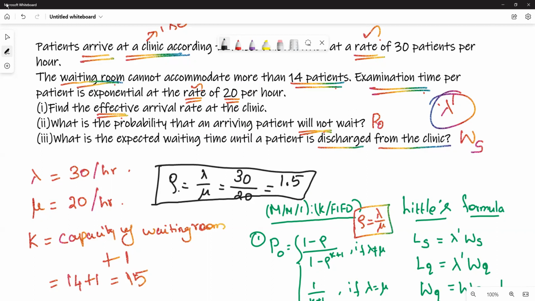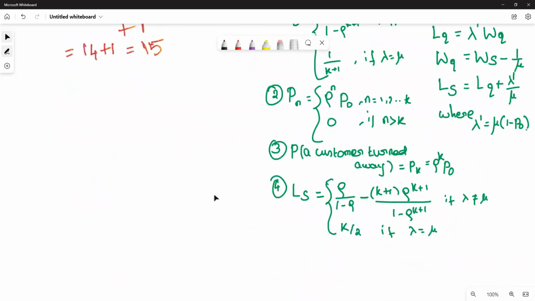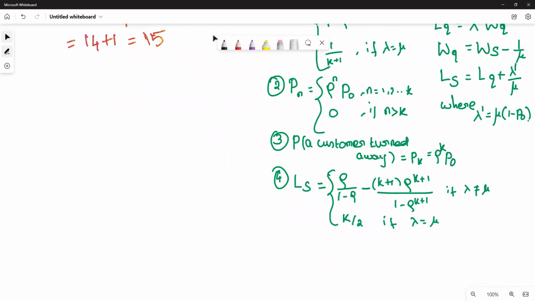Next, what is the first subdivision? It's been asked, find the effective arrival rate at the clinic. That is, we have to find lambda dash first. What is the formula to find effective arrival rate? Lambda dash is given by mu into 1 minus P naught. To substitute this, we need P naught.